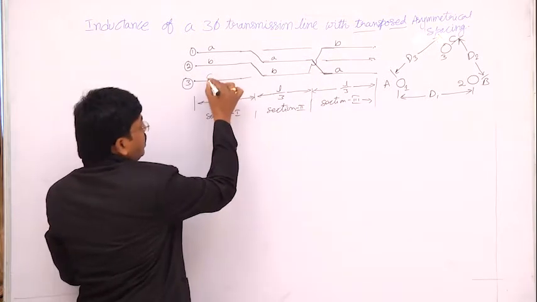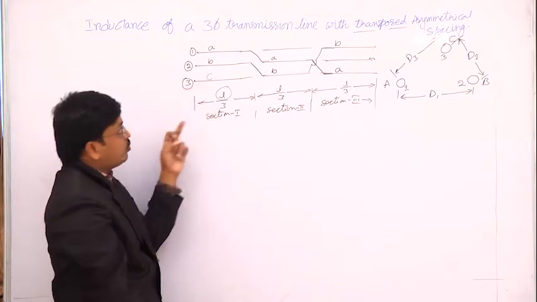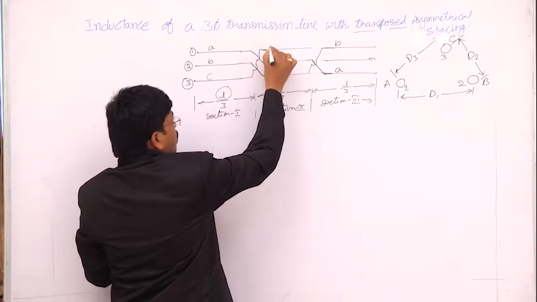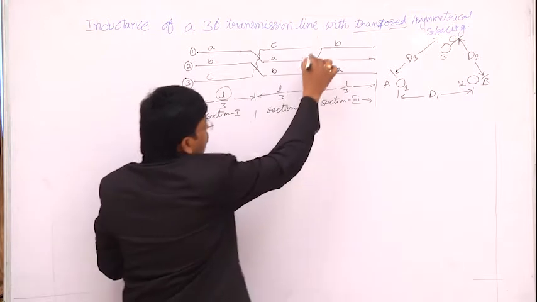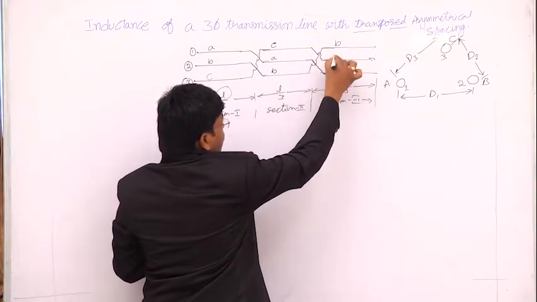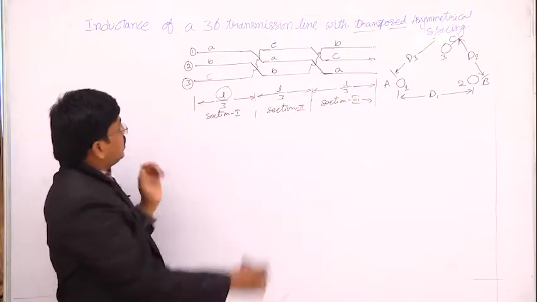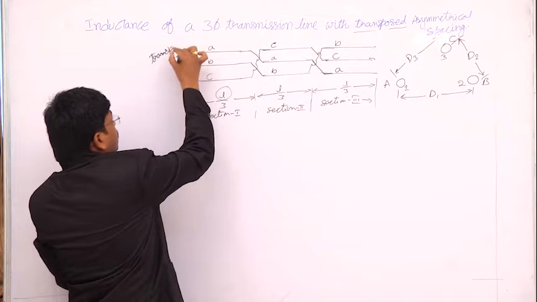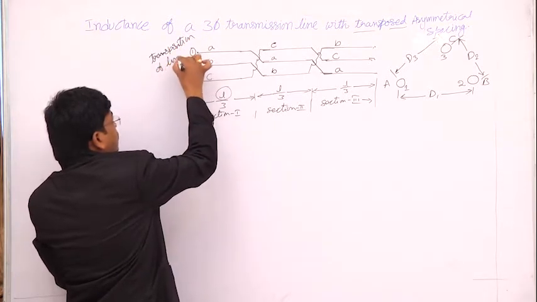In a similar manner, phase C occupies position 3 in section 1, position 1 in section 2, and position 2 in section 3. This is called transposition of lines.